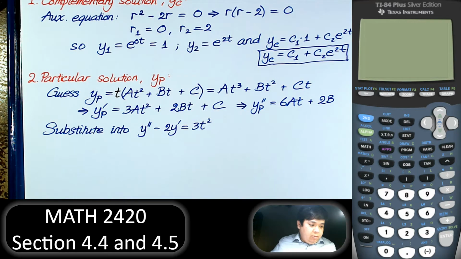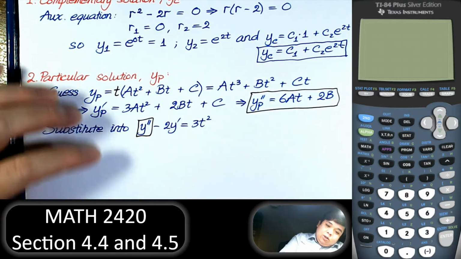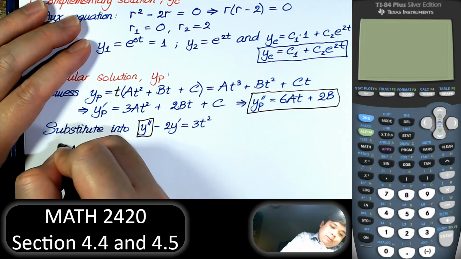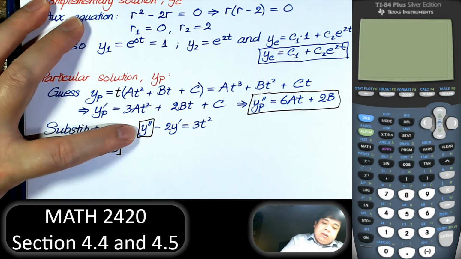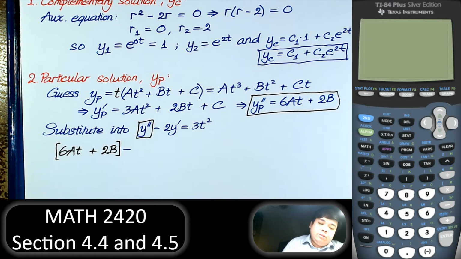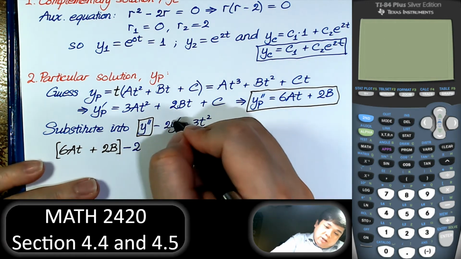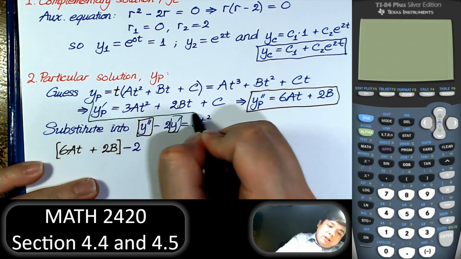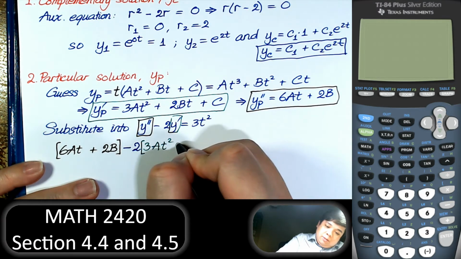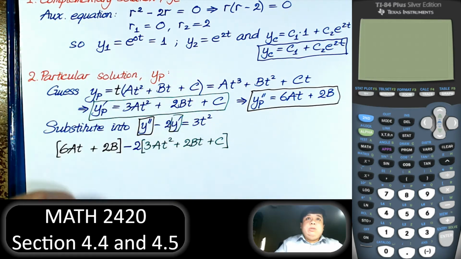So first, the second derivative is this, so I will have 6at plus 2b for the second derivative, minus 2 times the first derivative, which is this. And that has to be equal to 3t squared.